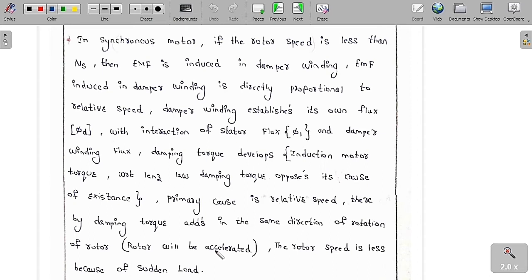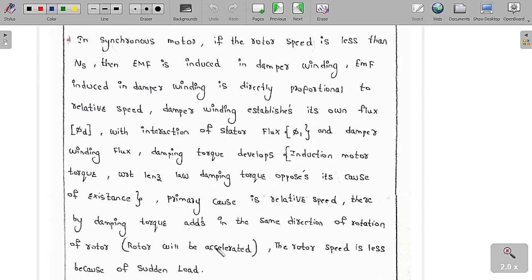So the damper winding is going to establish its own flux phi d, and with the interaction of the stator flux phi 1 and the damper winding flux, damping torque develops, the induction motor torque. With respect to Lenz's law, damping torque opposes its cause of existence, and the primary cause is relative speed, thereby the damping torque acts in the same direction of rotation of the rotor. The rotor will be accelerated, and the rotor speed is less because of the sudden load.